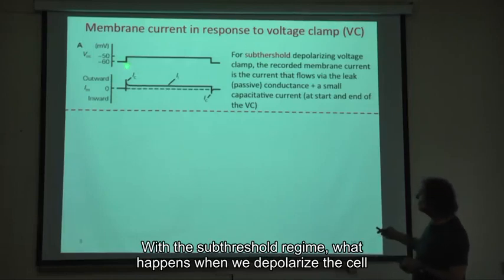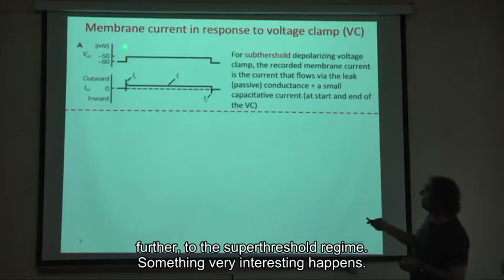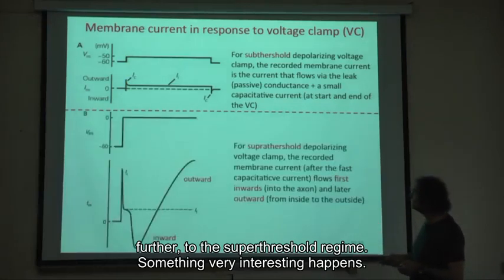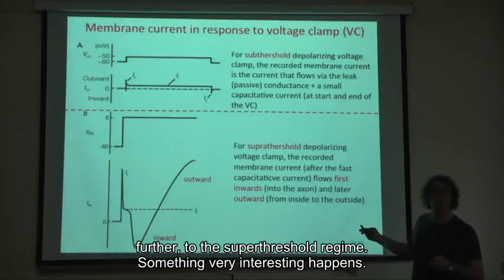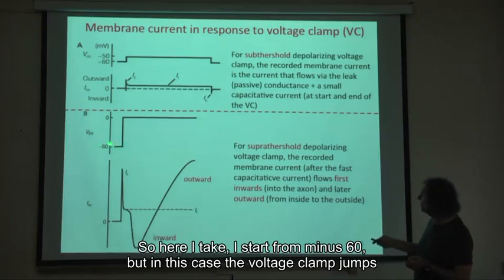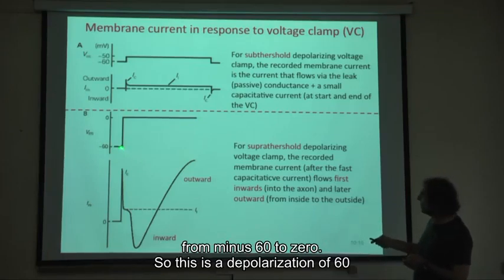What happens when we depolarize the cell further to the suprathreshold regime? Something very interesting happens. So here I start from minus 60, but in this case, the voltage clamp jumps from minus 60 to 0.